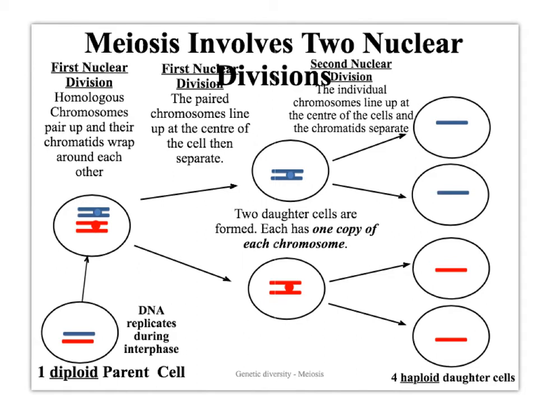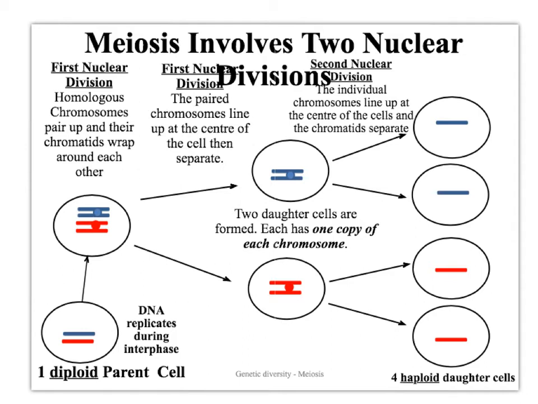At the beginning of the first nuclear division, the homologous chromosomes pair up, so that forms what's known as a bivalent, and their chromatids wrap around each other in places. That will allow a process of crossing over, which we'll come on to later. So I know there's only one pair of chromosomes here, but in humans, both chromosome 1s would pair up as a bivalent, both chromosome 2s would pair up as a bivalent, both chromosome 3s would pair up, etc., etc.